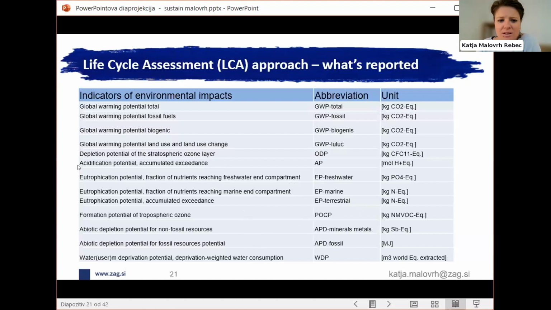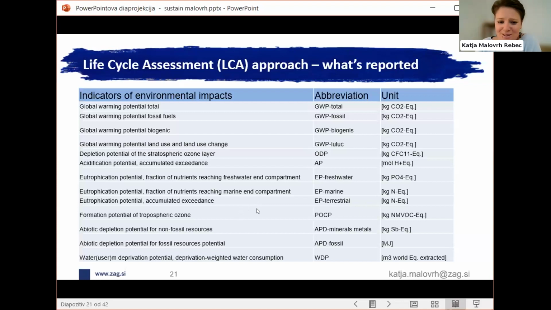Then we are worried about acidification, where we have exceeding accumulated acids, and also eutrophication, that's excess nutrients in different waters. So we are assessing separately freshwater, marine water, and so on. And then part of standard LCA is also abiotic depletion potential, separately for non-fossil resources, and also for the fossil resources potential.